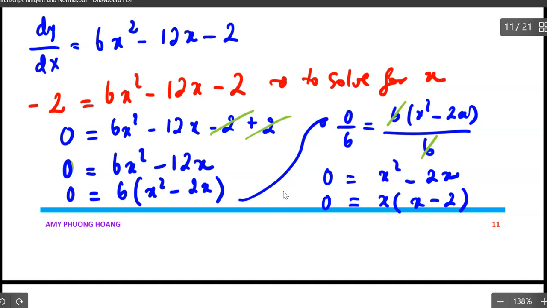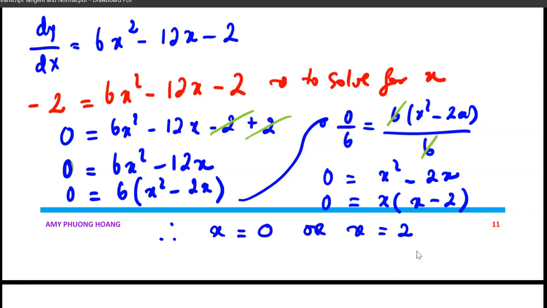So in this case, what you have is solving for an incomplete quadratic. You should be able to factor, and one of the factors has to be equal to 0. Okay, so in this case, you can argue either x equal to 0 or x minus 2 equal to 0. So you can have 2 solutions for x in this case. So therefore, x is equal to 0, or you have x equal to 2.